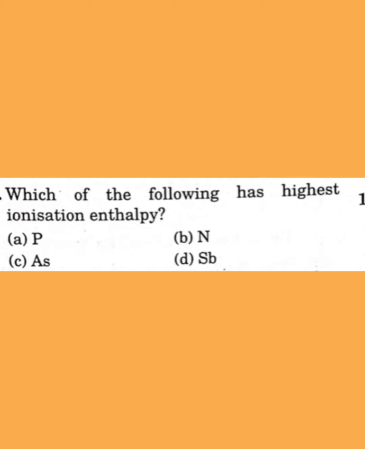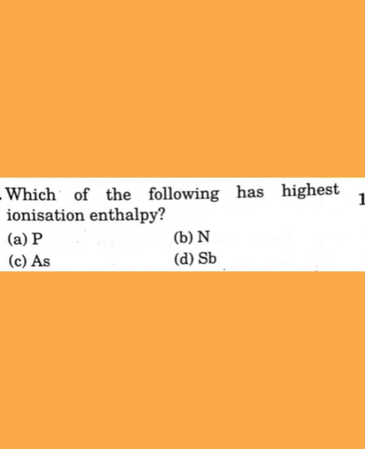Next question. Which of the following has highest ionization enthalpy? Options: phosphorus, nitrogen, arsenic, antimony. The correct answer is option B, nitrogen. All the elements are included in group 15. Down the group, atomic size increases.